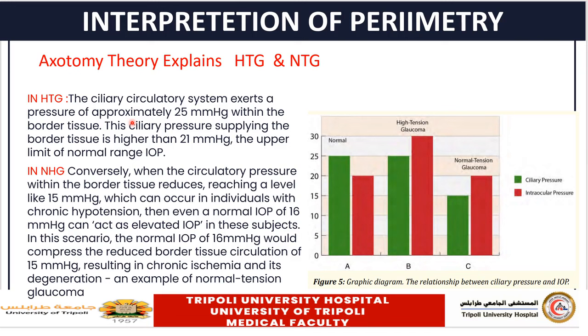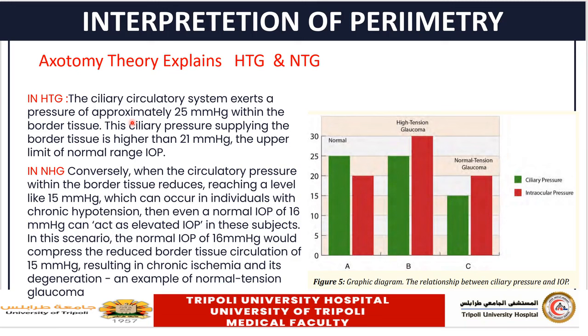So there is a pressure gradient between the pressure within the circulation of the border tissues and the eye, which is 21 millimeters of mercury. So the blood supply will go normally, and the changes that happen in the border tissues are due to elevation of the intraocular pressure.